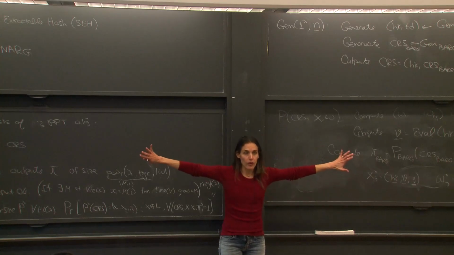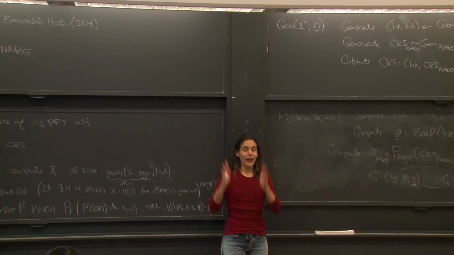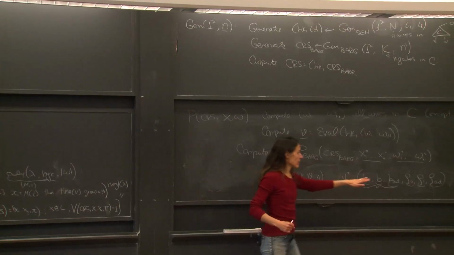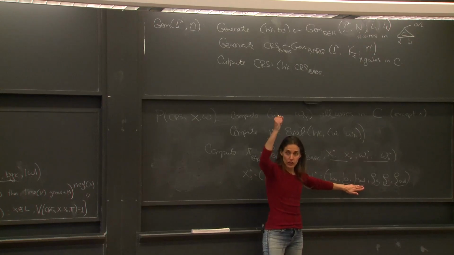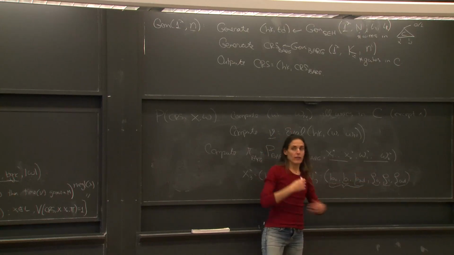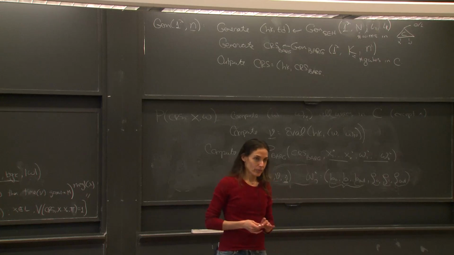I hash all the values of all the wires with respect to this specific hash key, and then I add a BARG for any gate J: I have an opening for the two input children and the output wire of gate J that satisfy the gate. So the only difference between the X J's is the index J itself.